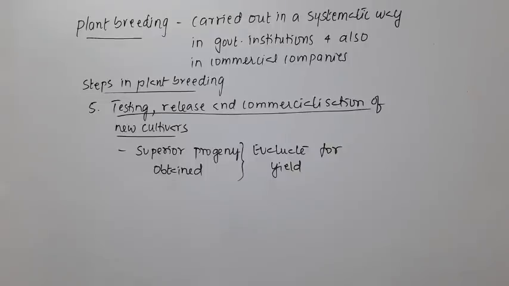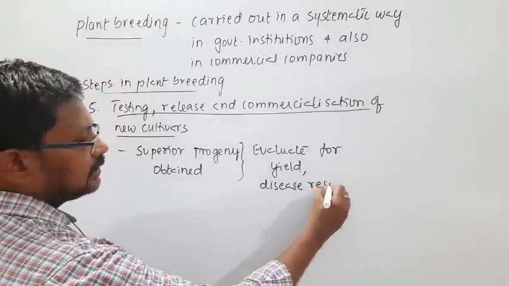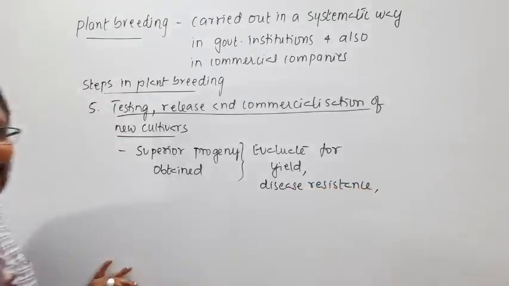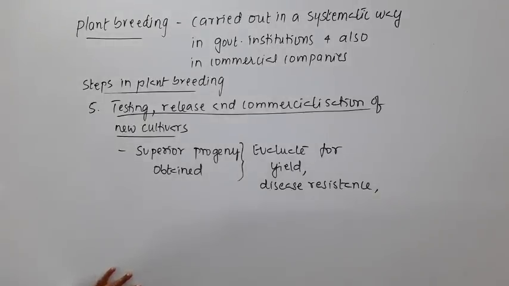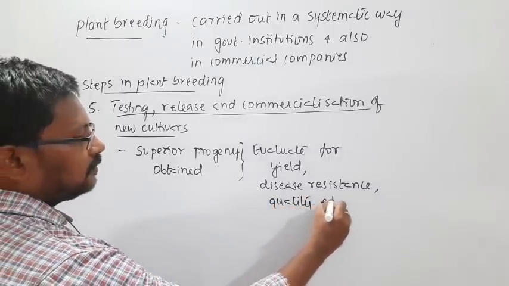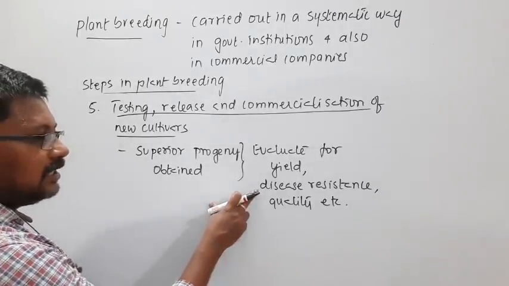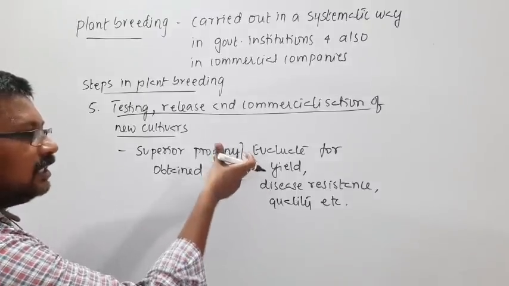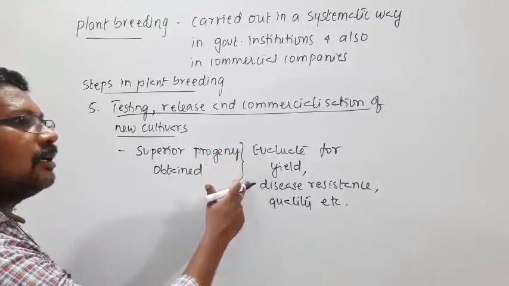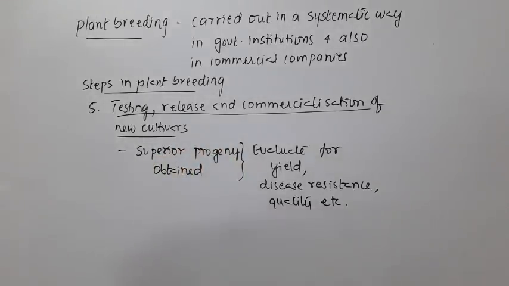Next, they will also look for disease resistance and quality, etc. The yield indicates the quantity, and for disease resistance and quality, they will be seeing whether the desirable characters they are looking for are present in this superior progeny or not.